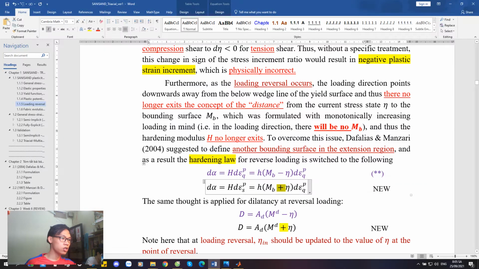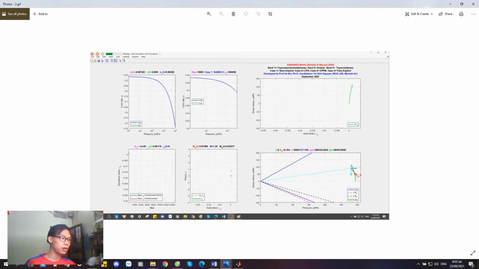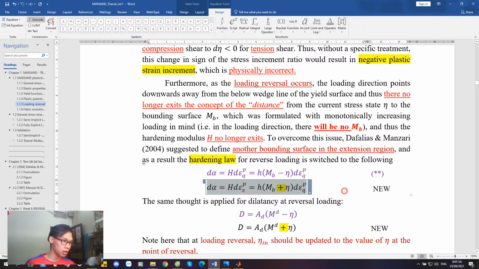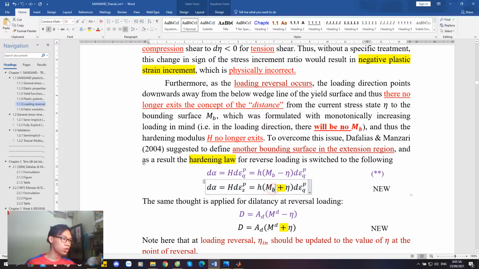When we change it, it means the eta is changed over there, so make sure it keeps a distance. So when loading, you just change this and fix this value. Phi is always positive. We just keep it a distance.